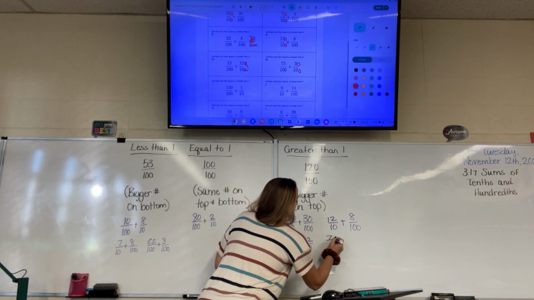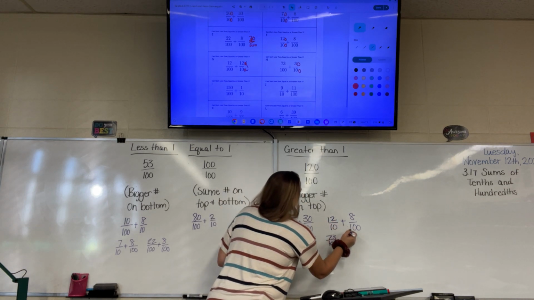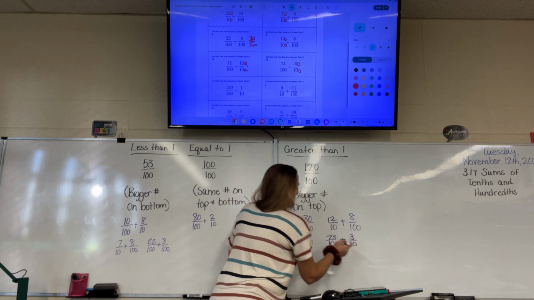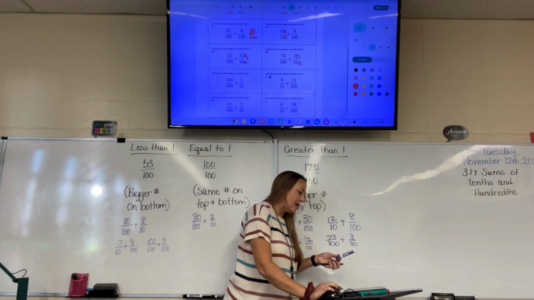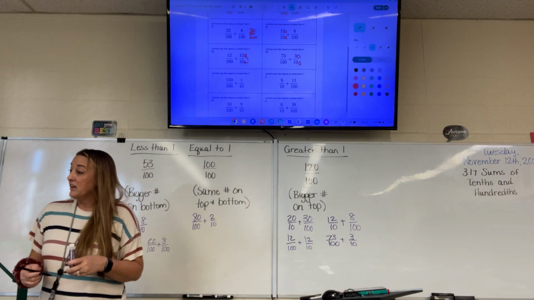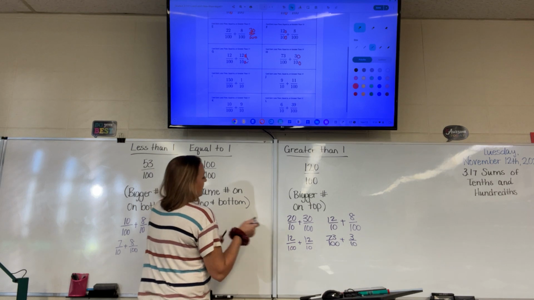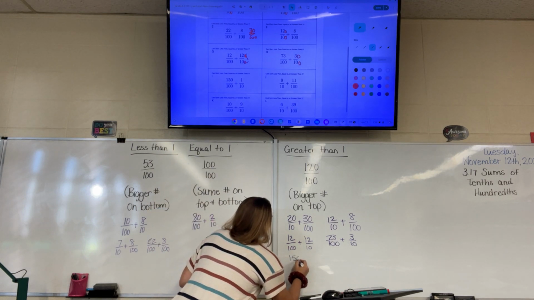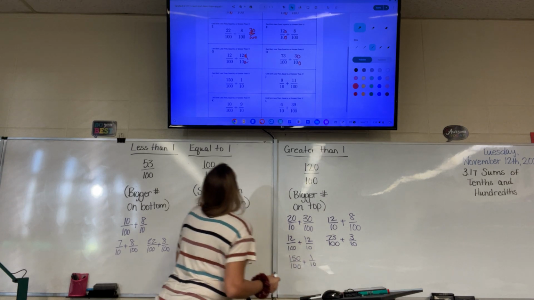So we're going to put 73 hundredths plus 3 tenths. Okay, on the next one we have 150 hundredths. Guess what? That by itself is already more than a whole. So this one's definitely going to be in the greater than: 150 hundredths plus 1 tenth.